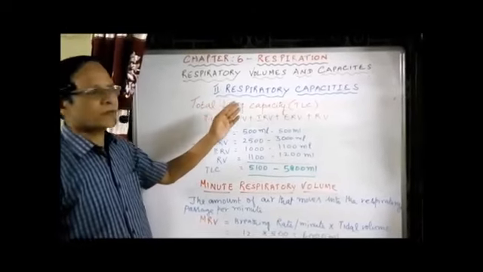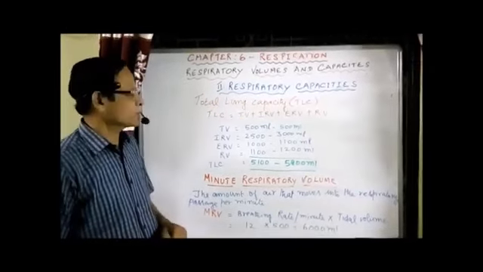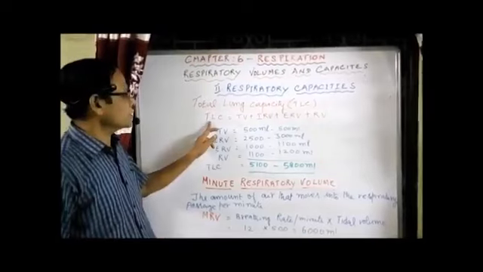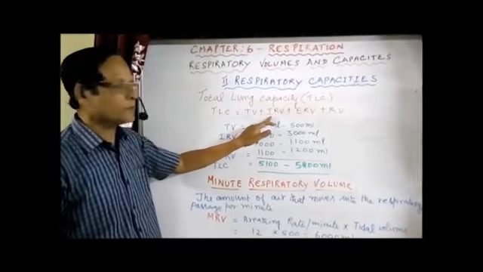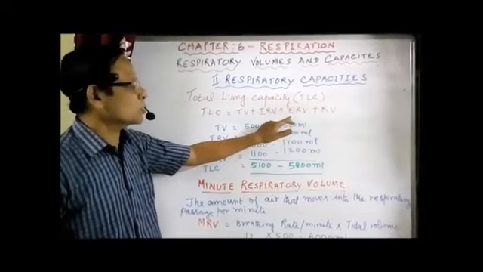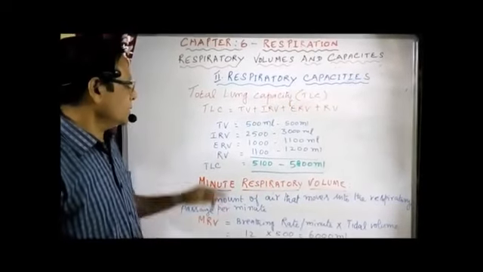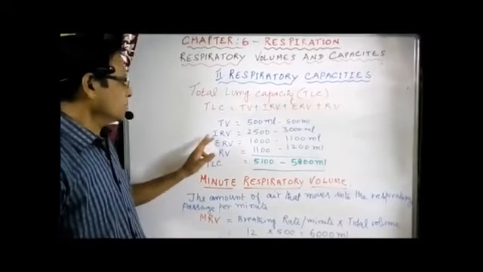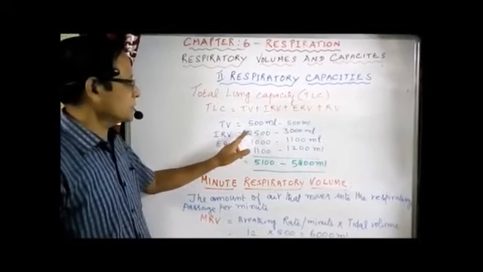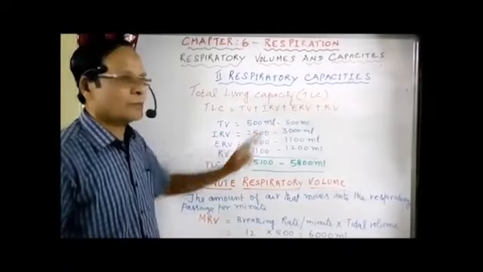Now, how to calculate the total lung capacity? Total lung capacity is equal to tidal volume plus inspiratory reserve volume plus expiratory reserve volume and residual volume. Now the tidal volume is equal to 500 ml. Then inspiratory reserve volume has a range of 2500 to 3000 ml.